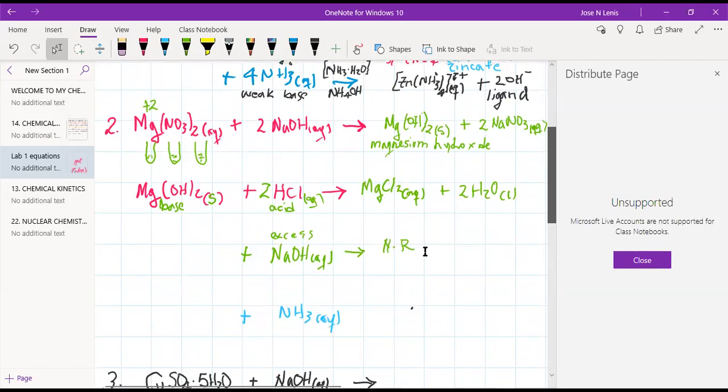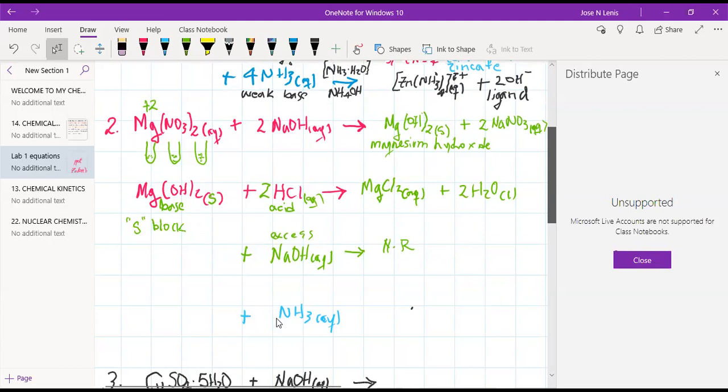Magnesium doesn't form complexes, and that makes sense because magnesium belongs to the s block of the periodic table, Group 2 of the periodic table.